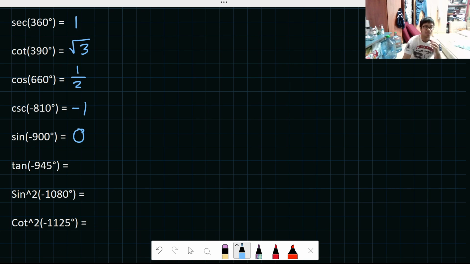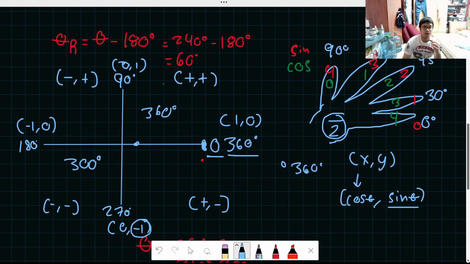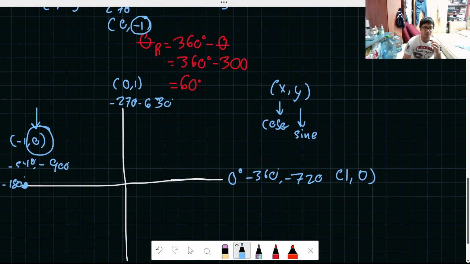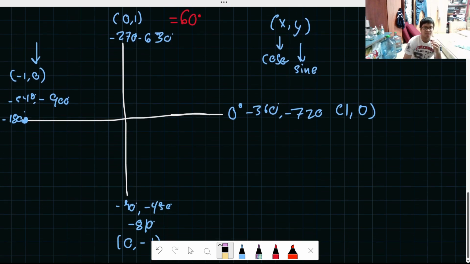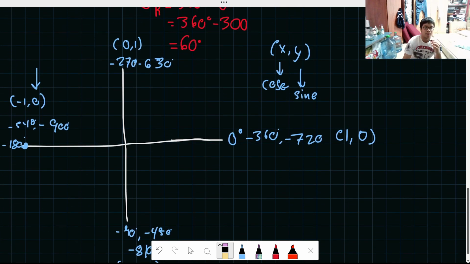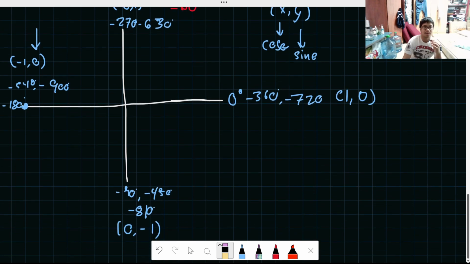What is tangent of negative 945 degrees? I'm not going to erase this drawing because that would be a waste of time. The only thing I'm going to erase are the other angles that are not part of the third revolution.